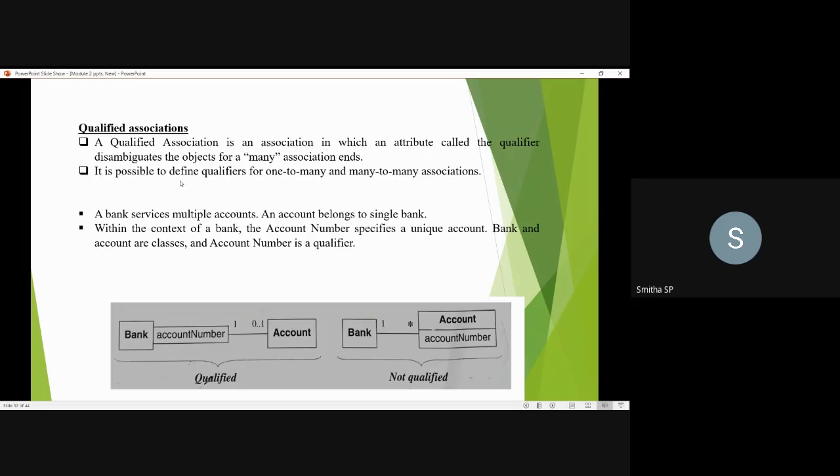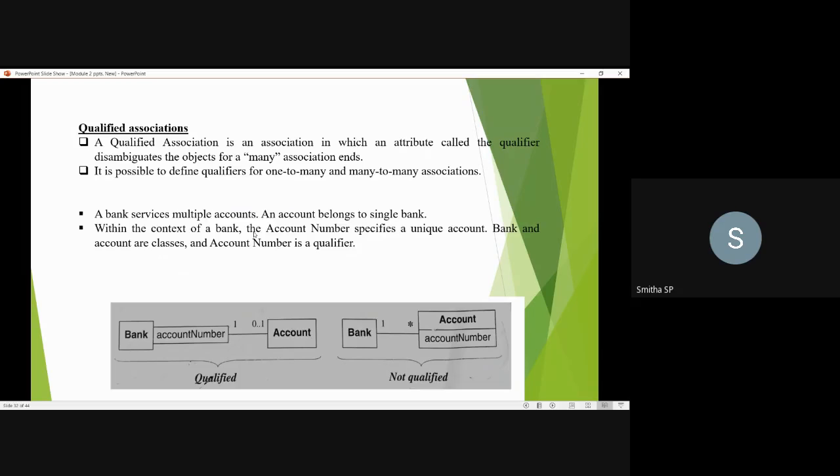It is possible to define qualifiers for one to many and many to many associations.